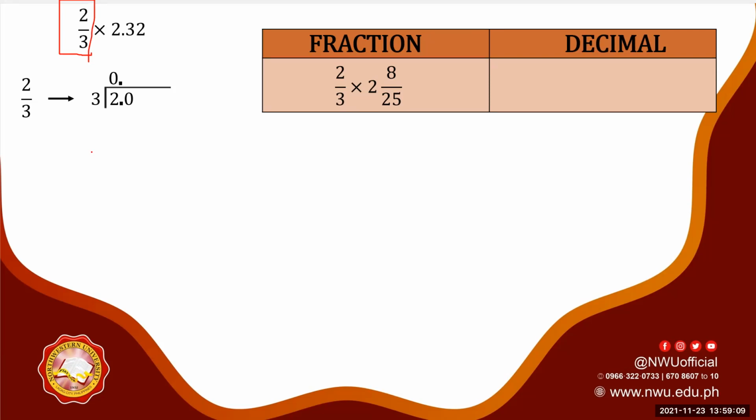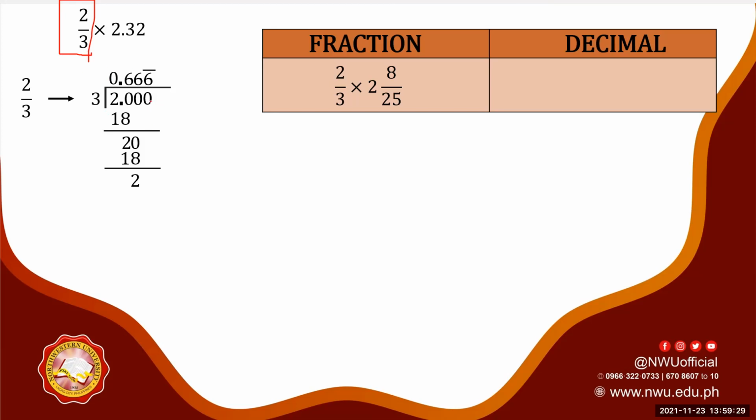So, 20 divided by 3, that's 6. That's 18. That's 2. You can add again. That would give you again 6. And that's 18 again. If you will continue hanggang sa gusto ninyo, hindi na kayo makakakuha ng kahit na anong numbers aside from 6.